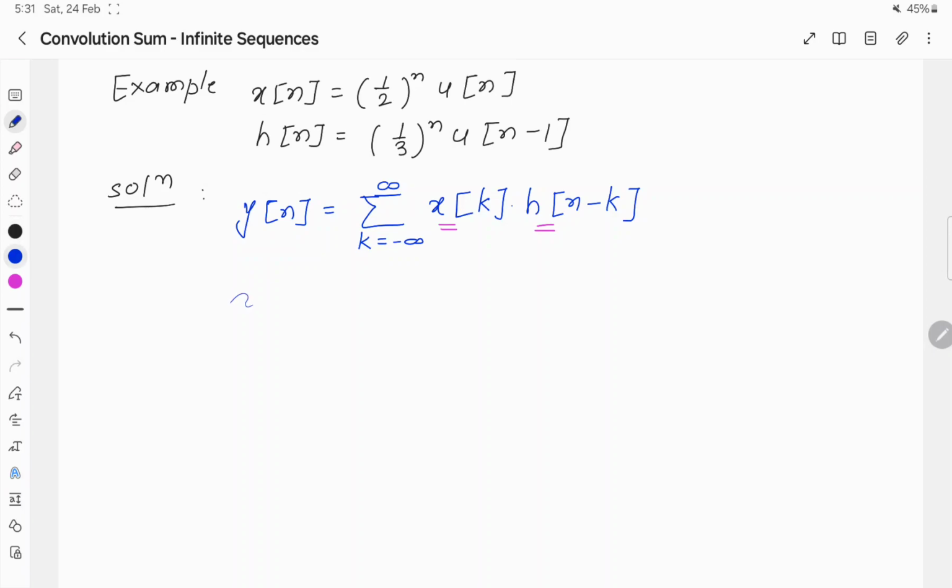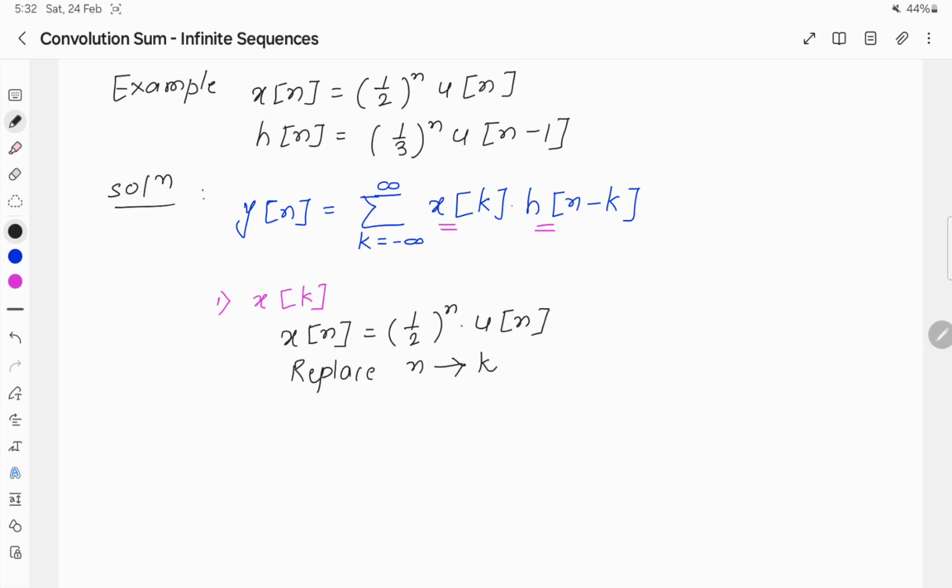The first condition is we need to find x of k. From the given equation we have x of n is equal to (1/2) raised to n into u of n. So replace n with k. We get x of k is equal to (1/2) raised to k into u of k.